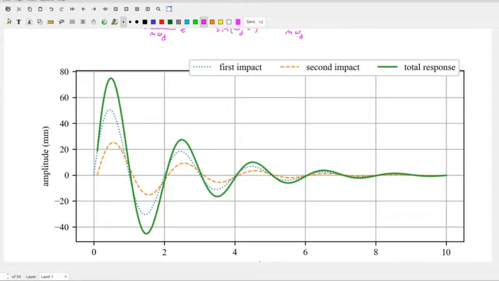We have our first impact, which is the blue dotted line here, and our second impact, which is the orange dashed line, and then our total response is just a summation of the two. My pen died. So you can see that we have an offset here of about 0.1 seconds.